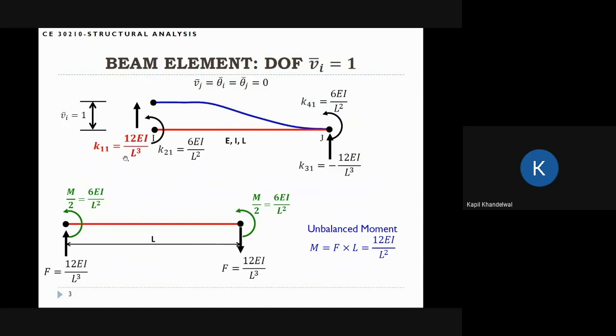For example, k31 by equilibrium should be negative 12 vi by L cubed, because they have to balance each other. So k31 just comes from equilibrium: if we know k11, we already know k31. Now, in this bottom figure, I'm representing the equilibrium of the moments here.